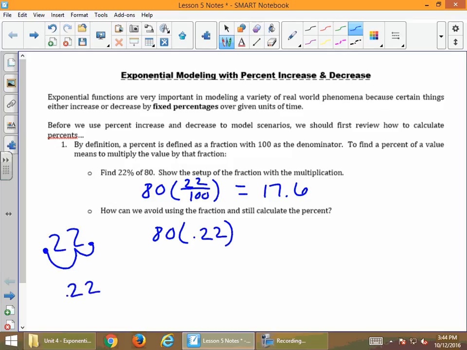That would be 22% as a decimal, which is 0.22, or just divide it by 100. And you still get the same answer, 17.6. Divide the percent by 100, or just move the decimal point over 2 places, and that gives you the percent as a decimal.